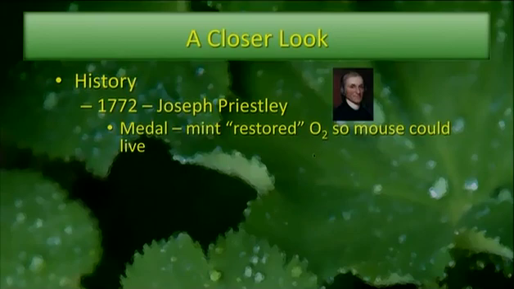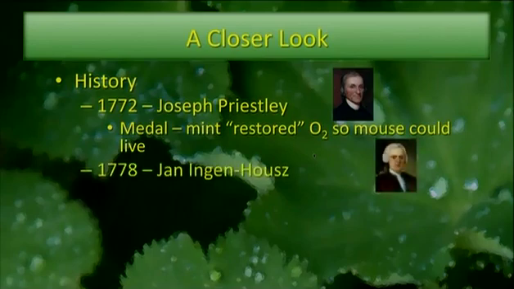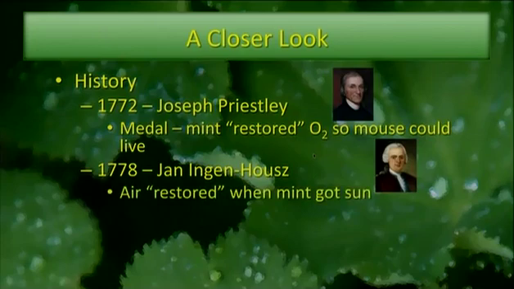The mint produced oxygen so the mouse, which of course had been breathing, could live. Six years later, in 1778, Jan Ingenhousz showed that the air was restored only when the mint got sunlight. So sunlight was necessary for this oxygen to be restored.